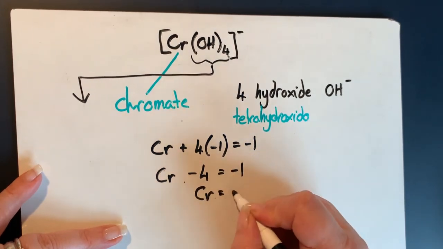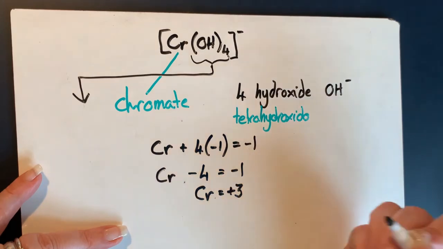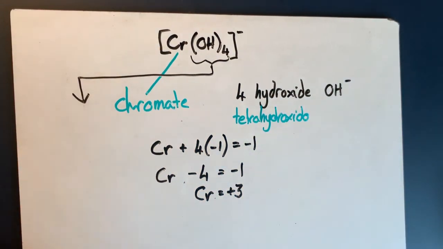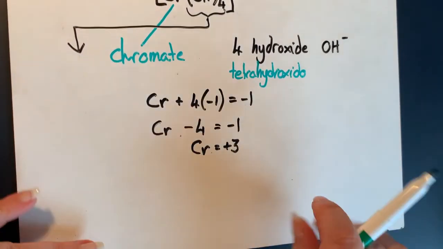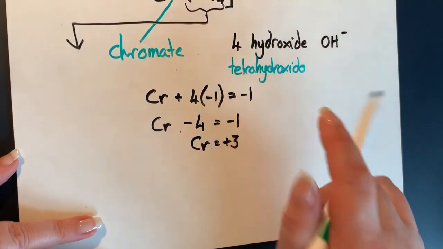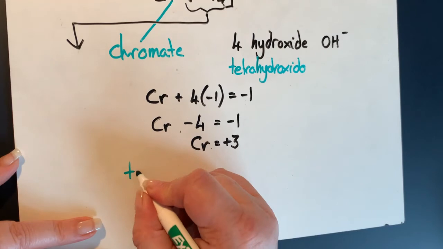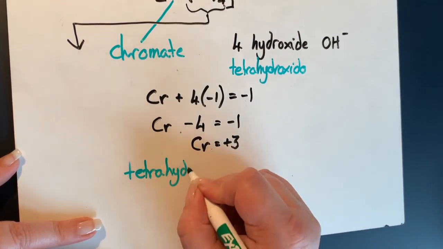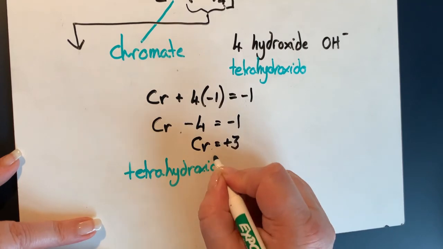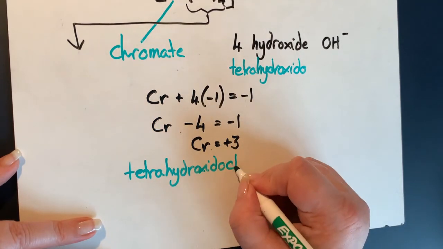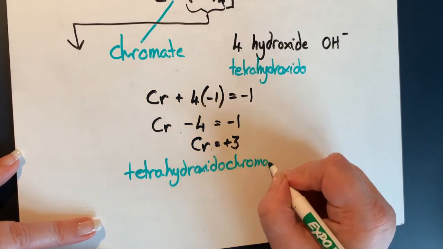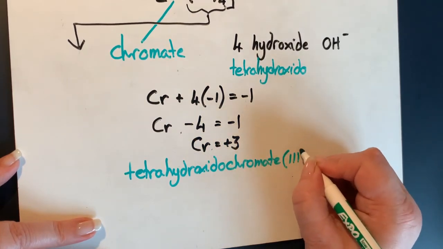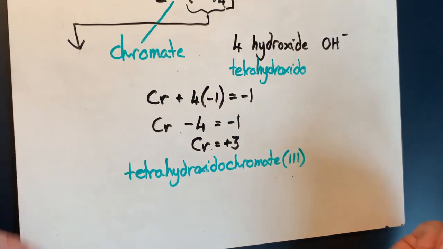So our chromium must be +3. So the whole name, when we put it together, remember ligands are getting named first. We have tetrahydroxidochromate, and then the charge on that chromium, 3.